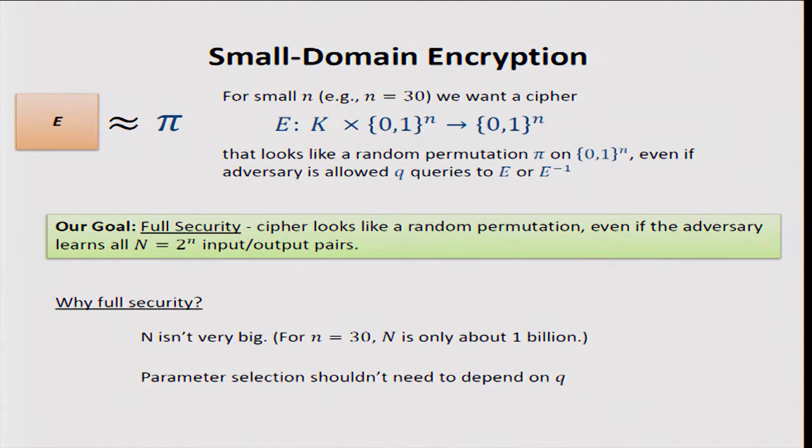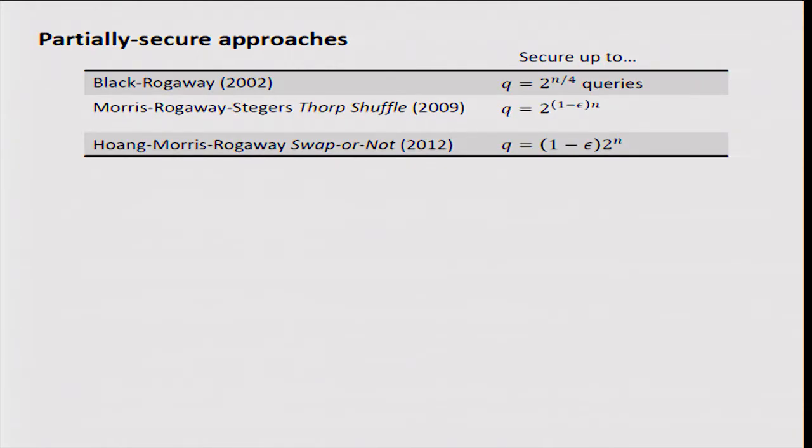There are some approaches you may have heard about in the last few years, a couple of these at Crypto. These are not fully secure, like I said, we're targeting, so I'll call them partially secure approaches. Black-Rogaway in 2002 had a Feistel-based scheme for this problem. More recently, in 2009 here at Crypto, Morris, Rogaway, and Stegers analyzed the Thorp shuffle, which is equivalent to a maximally unbalanced Feistel network, and they were able to improve the bound.